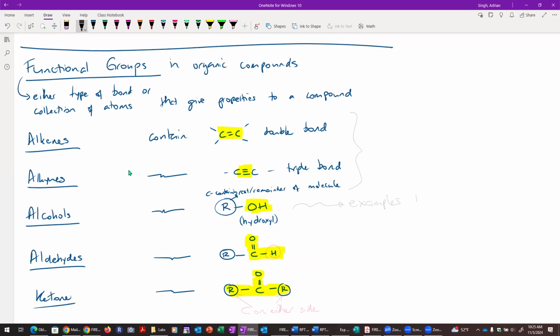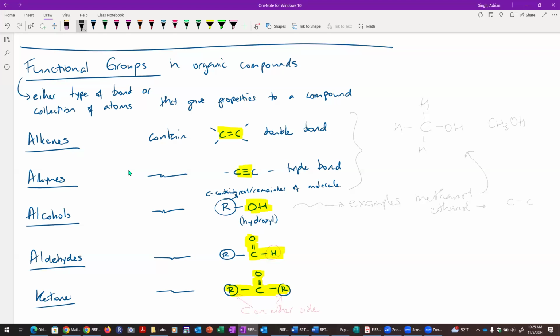Something like methanol. Methanol would be a CH3 connected to an OH. That's your structural formula, or just CH3OH. Or even ethanol, which is the alcohol you find in alcoholic beverages.